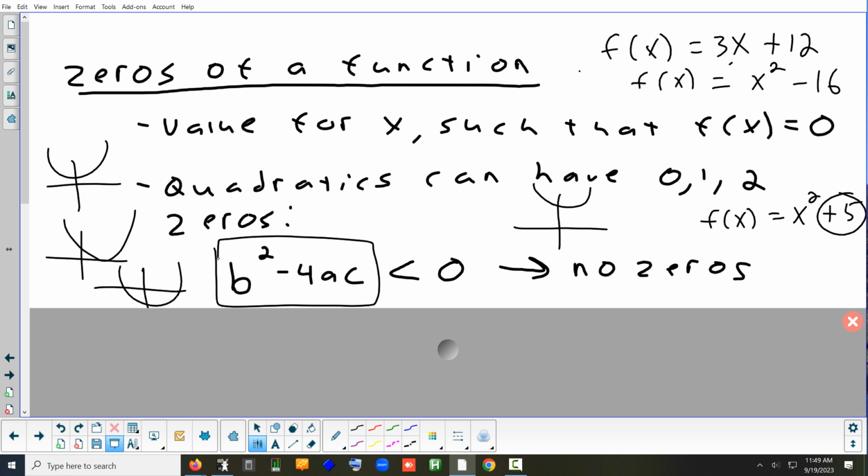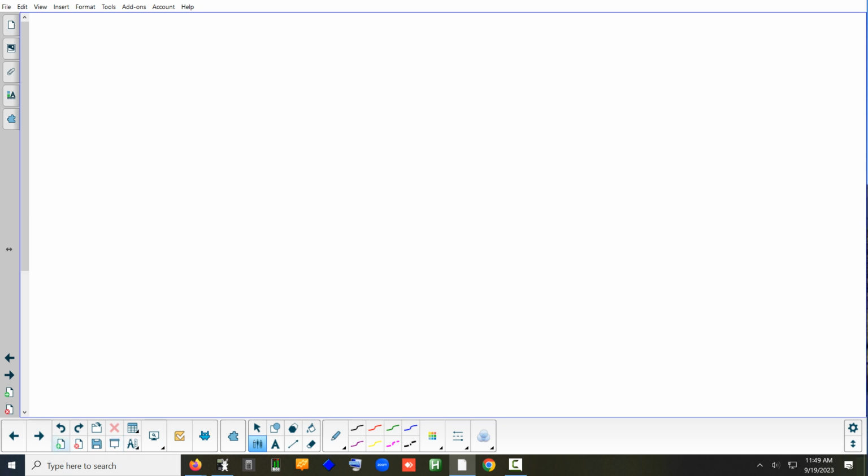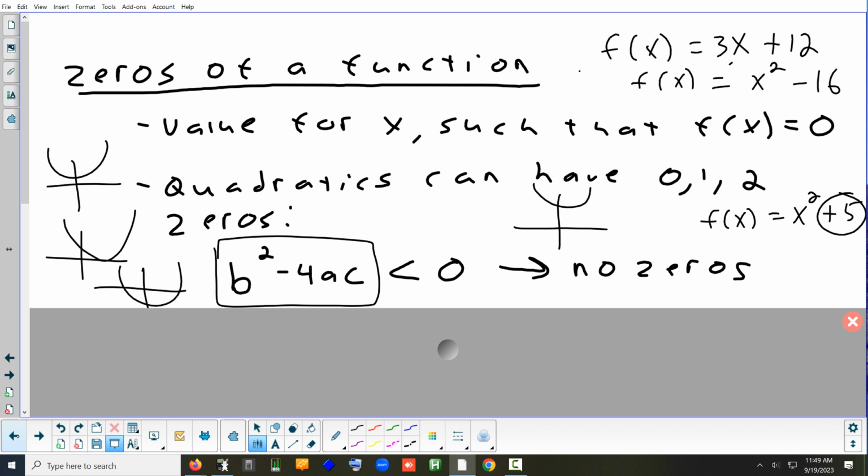Does anybody remember from, I think we did it yesterday, where that comes from? It's part of the quadratic formula. Specifically, it's the part under the square root. It's the b squared minus 4ac. Now, b squared minus 4ac, if that number comes out less than 0, you would not have any zeros in your problem.